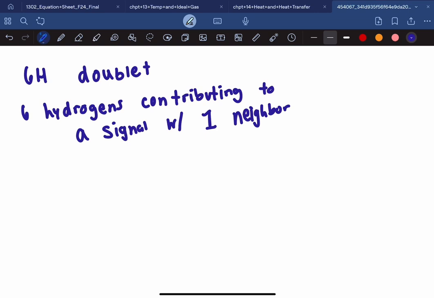And how do I know it's 1 neighbor? N plus 1 equals 2, so N equals 1. So that means that there's 1 neighbor. Let's make this connection because of this.